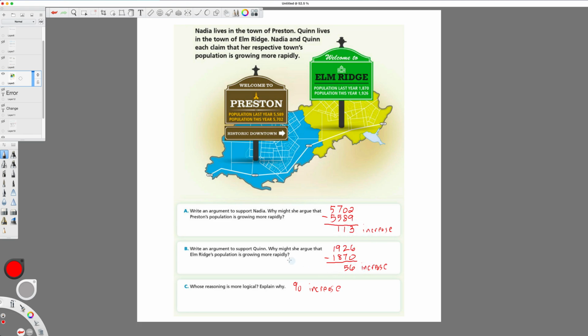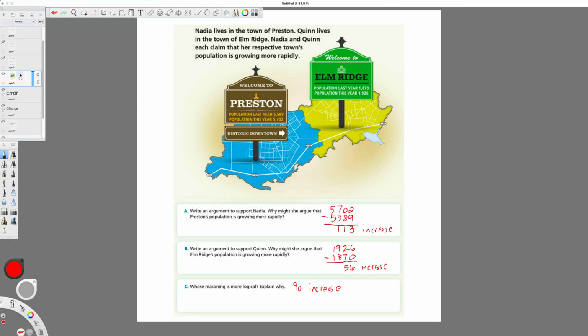But based on raw numbers, Preston grows faster. Based on a percent increase, since this population is significantly smaller, its increase is a bigger change than the increase was for Preston. Percent increase makes more sense to use because it compares to what the population was, so that we have an actual comparison of the numbers.